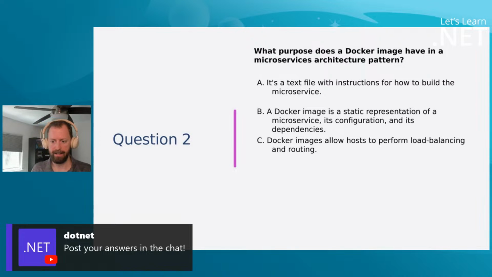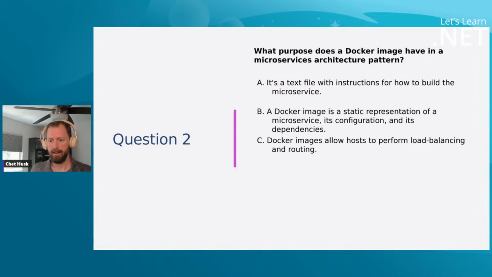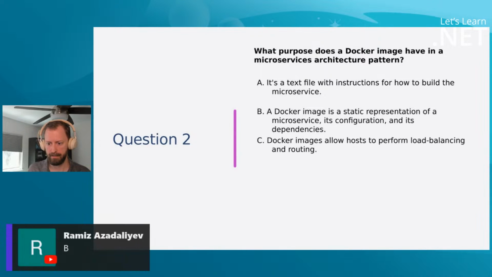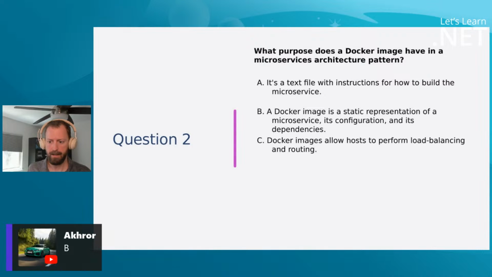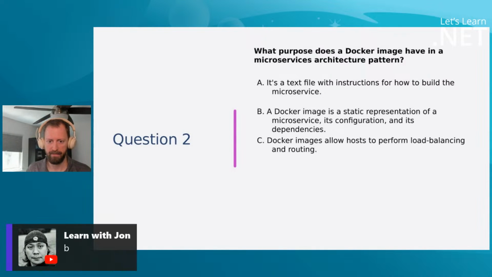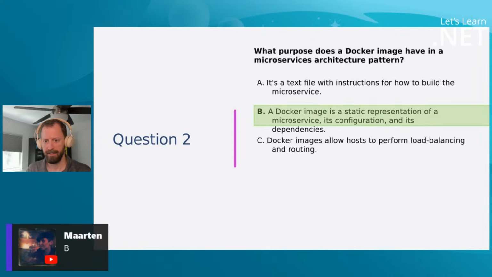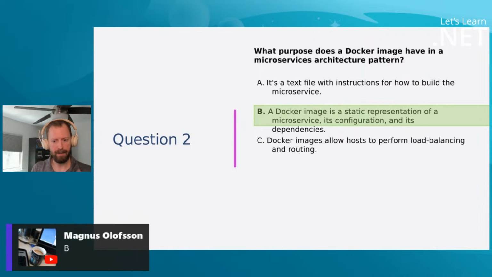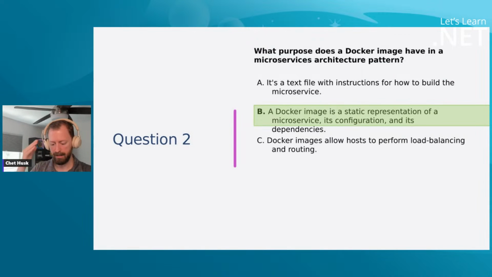All right, again, answers in chat are flowing in. I'm seeing a lot of B's, a couple A's. A lot of B's. Yeah. I think everybody's got it this time. Overwhelmingly B. The Docker image itself, as we mentioned, is your app, its dependencies, how to run it, all in one package.